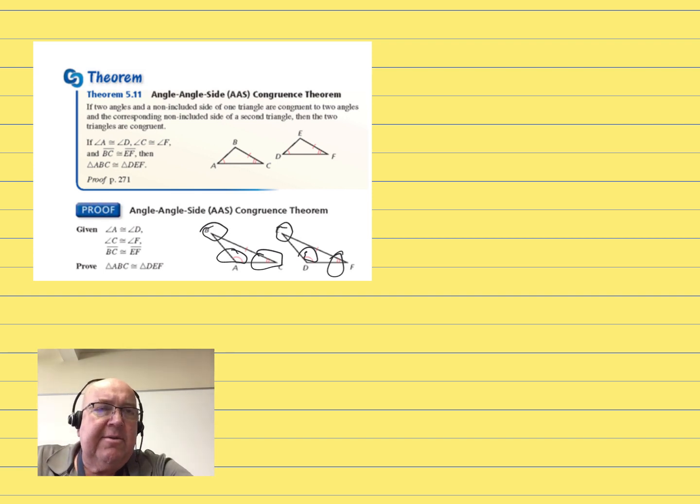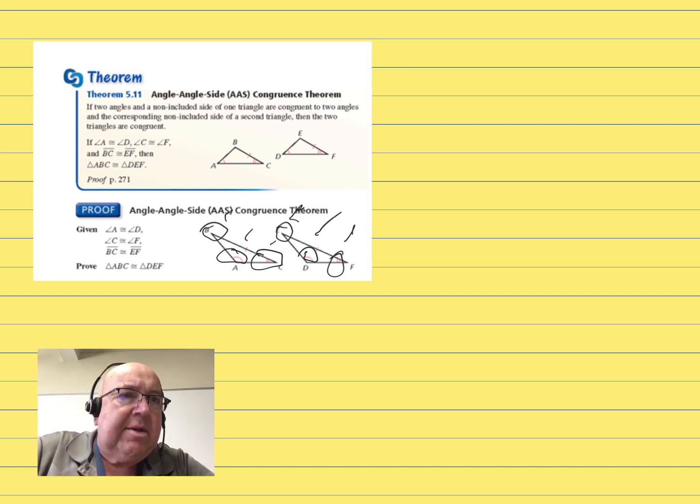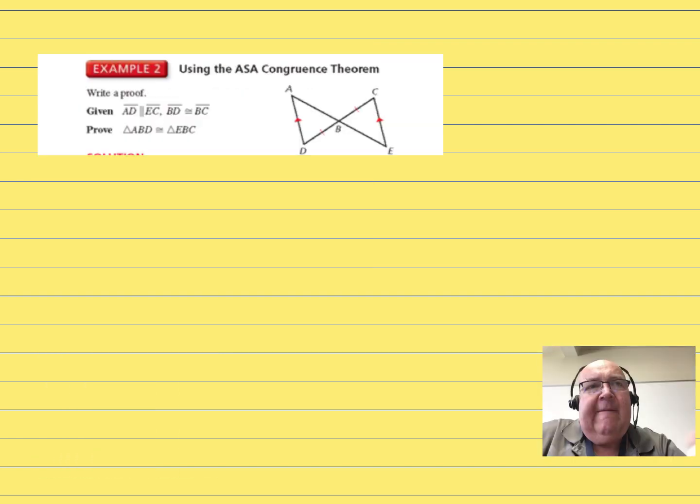And then you can use the fact that this is congruent and this is congruent and that is congruent, so you could use angle side angle to prove that congruence.